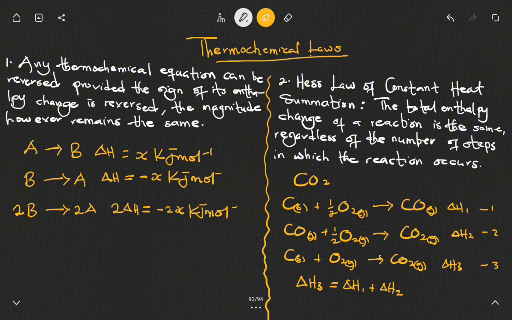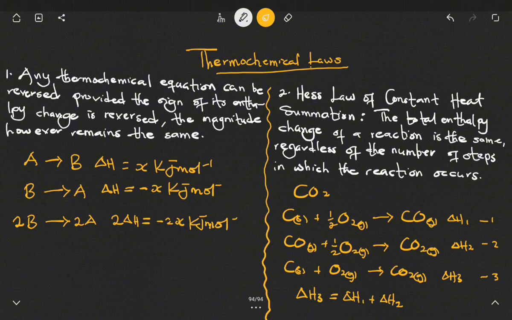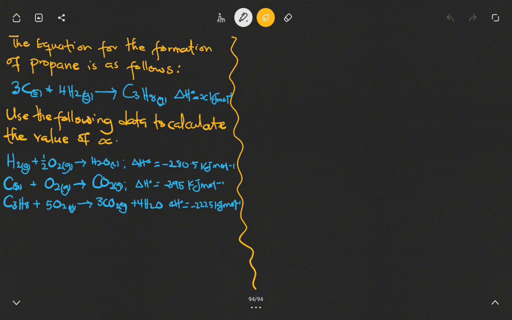So if they are going to give you a question on this, what is it going to be like? Now let's look at this one. The equation for the formation of propane is as follows. We have carbon with 4 moles of hydrogen gas giving us propane, and we have an enthalpy change of X kilojoules per mole.